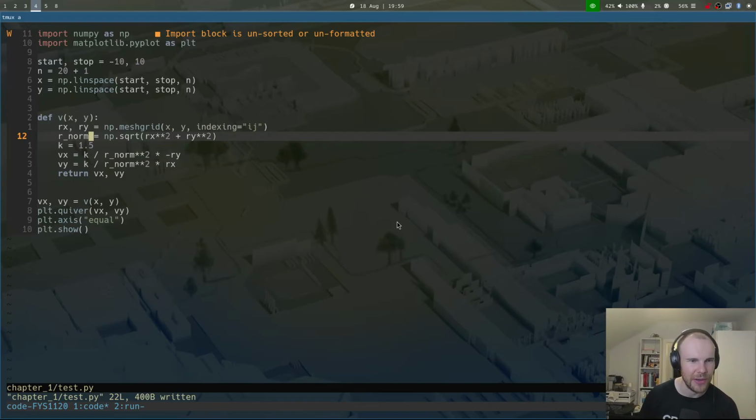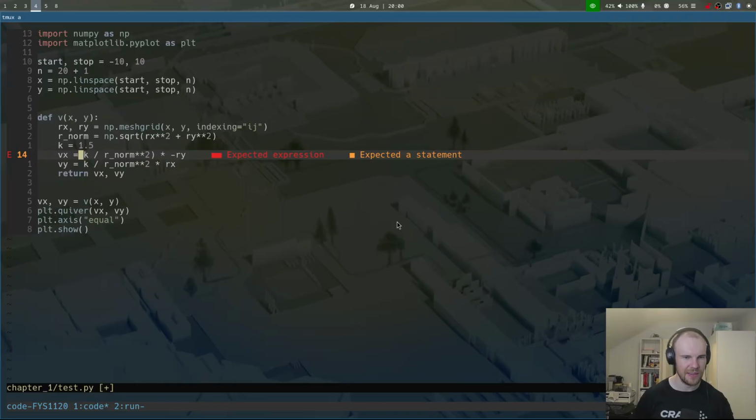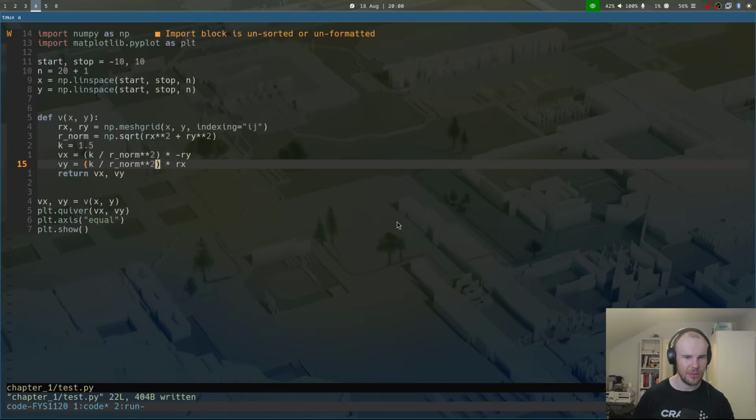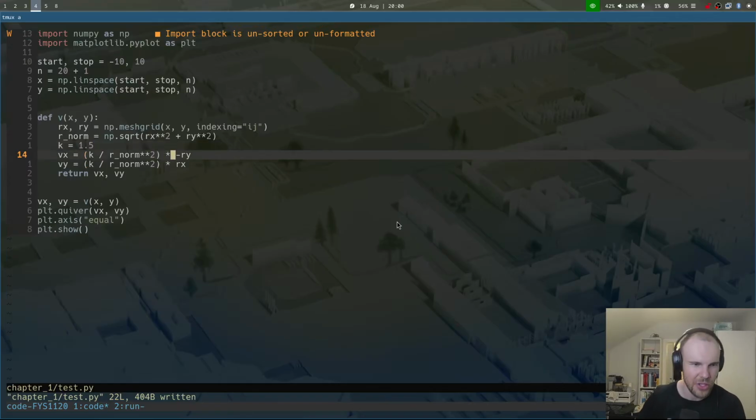So what did I do with the direction here? The linspace is correct. Rx, Ry, the indexing, this norm is correct. K is correct. Vx. Why isn't this correct? I'm not dividing by this. I hope it should understand that. That shouldn't be any problem. What is up with my direction?